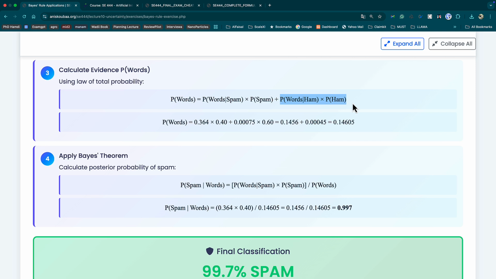So we're going to make a sum over all the different hypotheses, whether it is spam or not. The words can appear in spam or not spam, so we calculate all the probabilities and sum them, like we did in the MDP, Markov decision process. You see, this is part of MDP by the way, but it is based originally on the law of total probability.